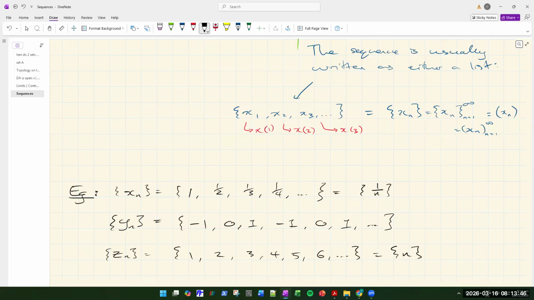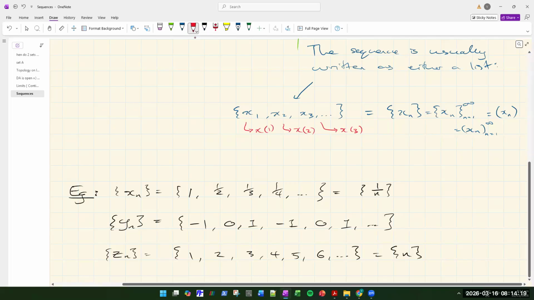So this sequence, we see that the range, the list of all possible values it could take, happens to be all the natural numbers. And this particular sequence, zn, notice that it's not bounded, right? It keeps getting bigger and bigger and bigger. It's increasing, right? And this was what we will eventually call an increasing sequence because each term is bigger than the one before it.